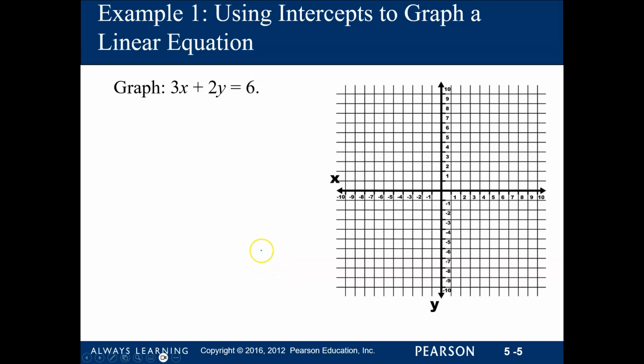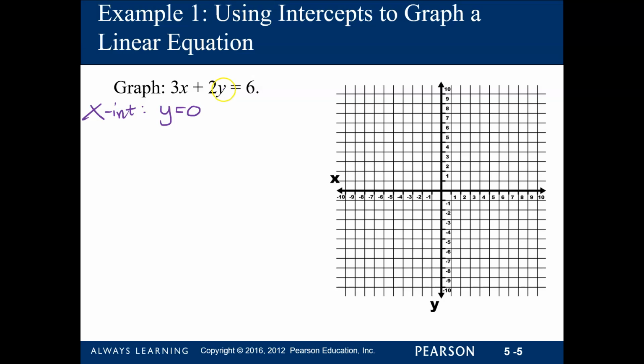So let's show you how to work it out with graphing a linear equation using the intercepts. Here, we have the equation 3x plus 2y equals 6. Let's start with the x-intercept. To solve for the x-intercept, we want y to be equal to 0.